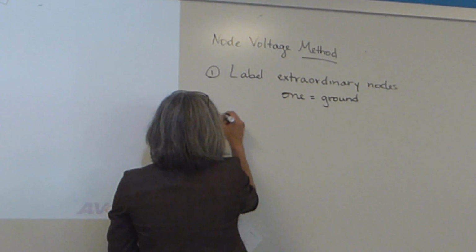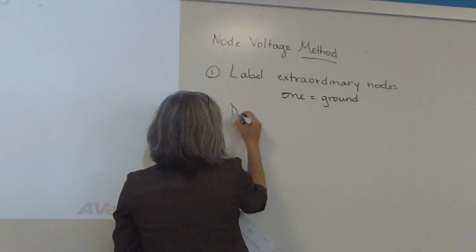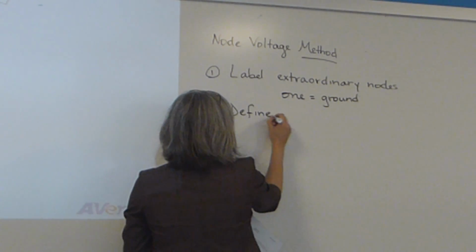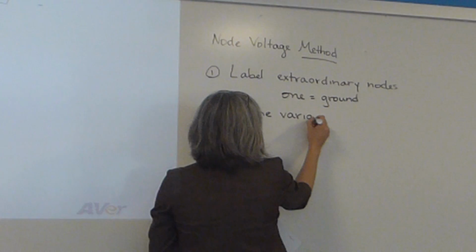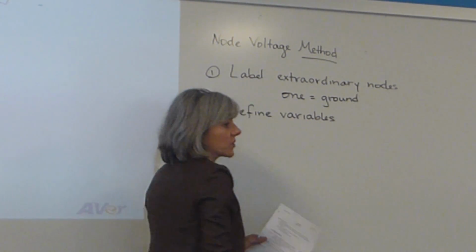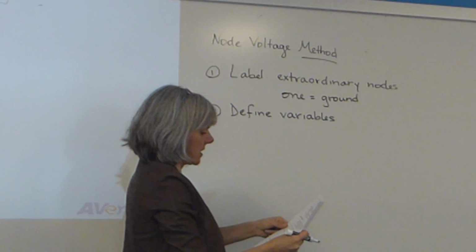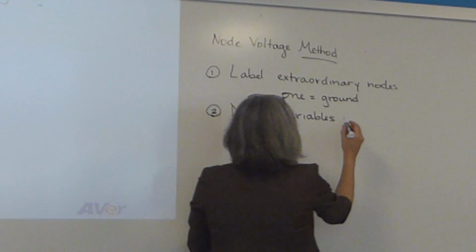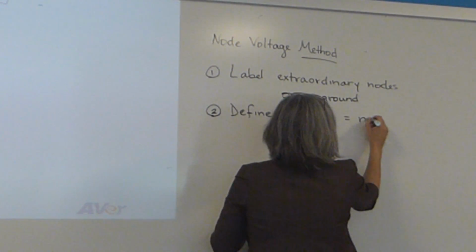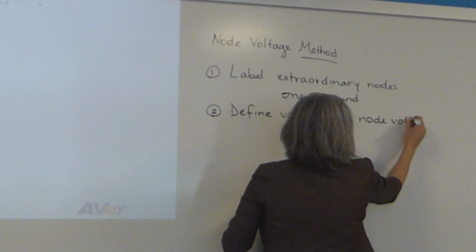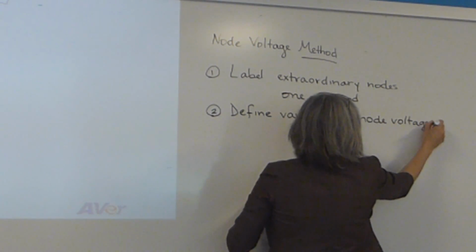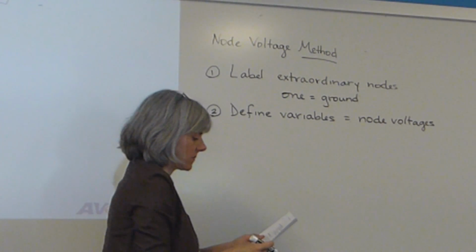And then we're going to define some variables. These are going to be the node voltages. Remember these? So define variables, and this is going to be equal to all the node voltages at all of those extraordinary nodes.